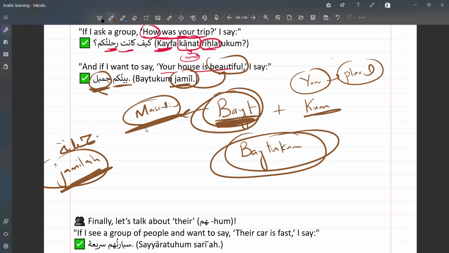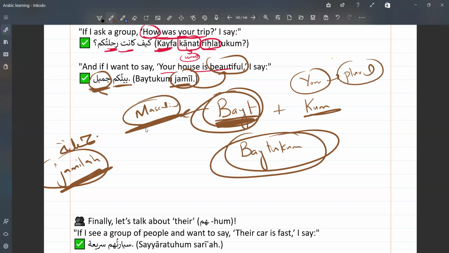So the words for masculine are different and the words for feminine are different. Jamil is used for the masculine subject, and Jamila is used for the feminine subject, right? So in this way, for every word of Arabic, there are variations based on the gender of the subject. So you have to identify what you're referring to.